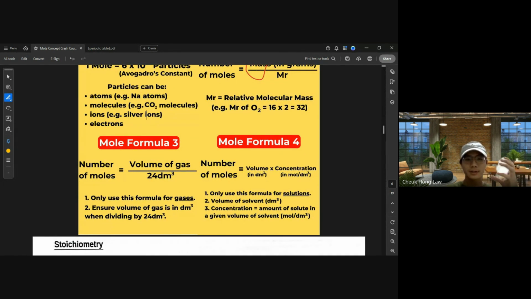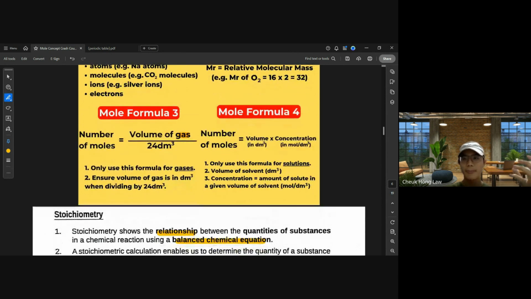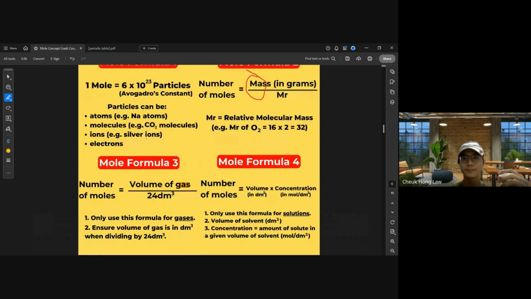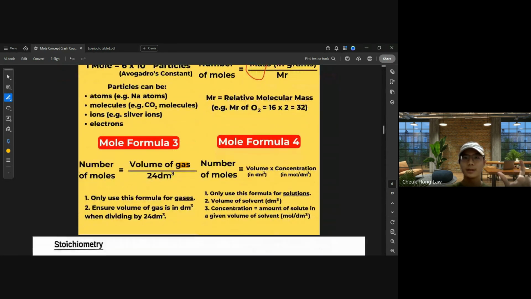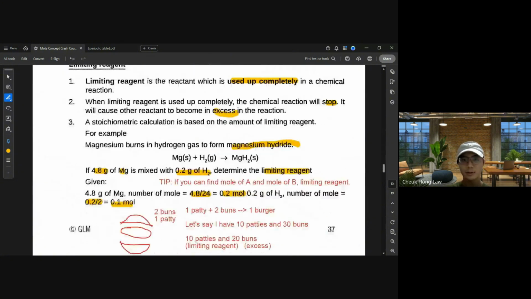When do you use volume of gas at room temperature and pressure? When they give you a gas, or the volume of a gas. For MR, it's through the mass, and for RTP, it's through the volume of gas. Does that answer your question?